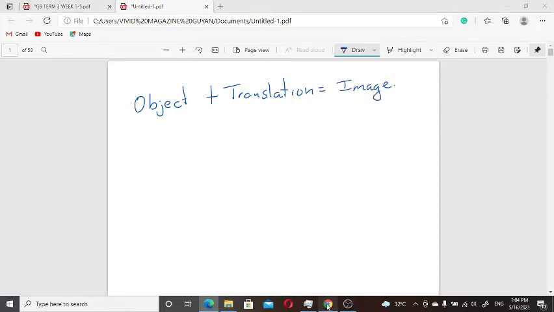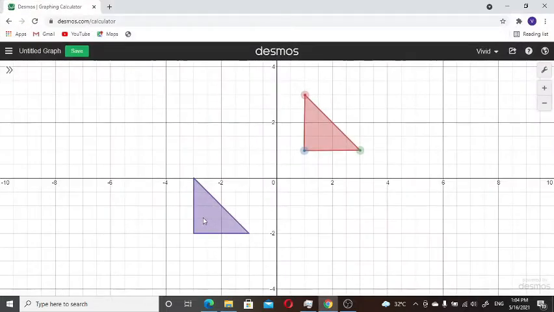So in looking at that, let's look right here. You can call this our object. We did our translation, and now we have our image.